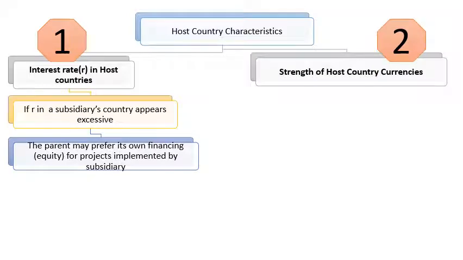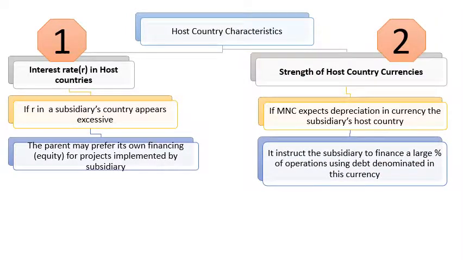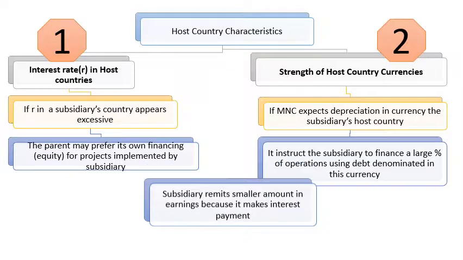The second characteristic of the host country is the strength of host country currency. If the multinational corporation expects depreciation in the currency of the subsidiary's host country, the multinational company will instruct its subsidiary to finance a large percentage of operations using debt denominated in this currency.